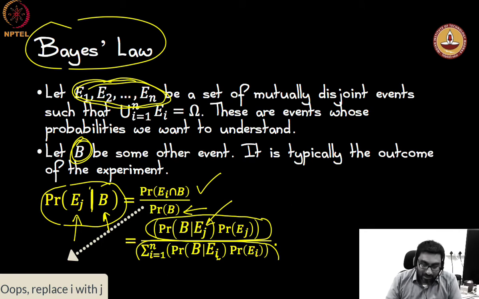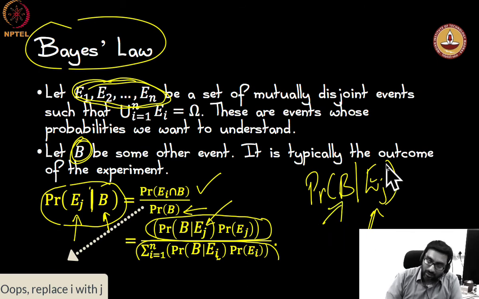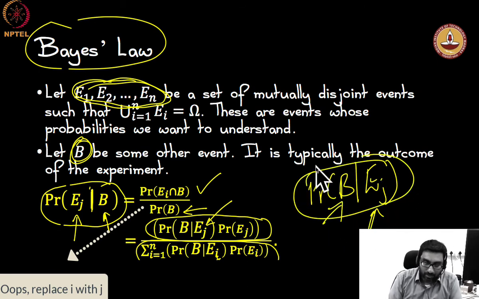And why is this important and useful? Well, because the EJs on the right hand side correspond to our prior model. So based on our prior assumption, we can actually compute things of this nature. Given that we have a prior understanding of EJ, we will be able to compute the probability of B. So this is something we will typically be able to handle.